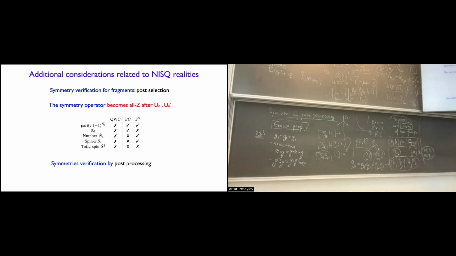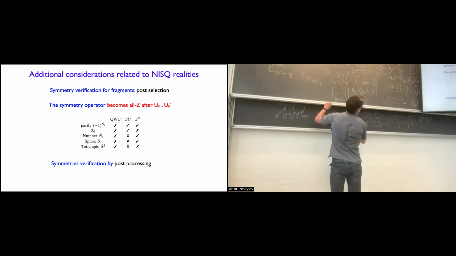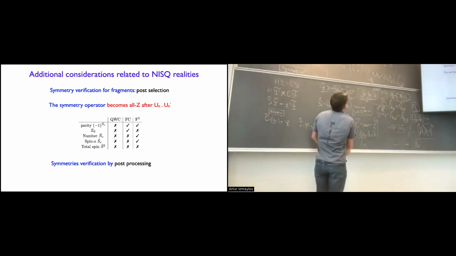Essentially, it allows you to build projectors onto subspaces where group elements act in the simplest possible way, and it cannot be simpler, right? Because we know the simplest representation of an operator is a diagonal matrix, and for that you need the eigenbasis, right? If you have multiple operators, the simplest representation is block diagonal, and it cannot be simpler if they form a group. And group theory shows how to build the subspaces that are irreducible. Okay, let's see.